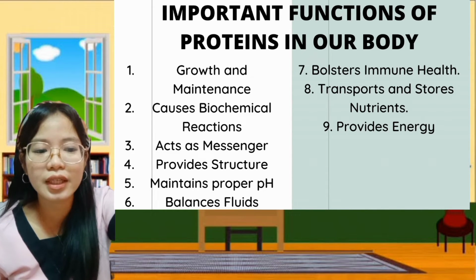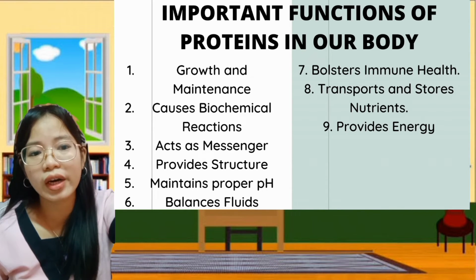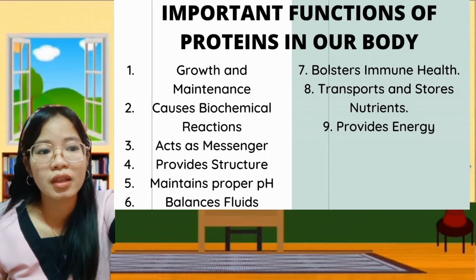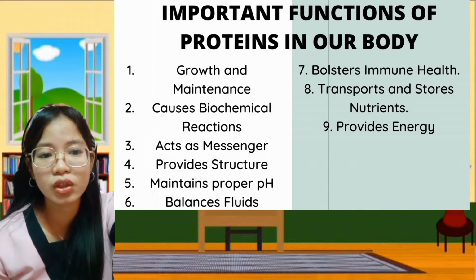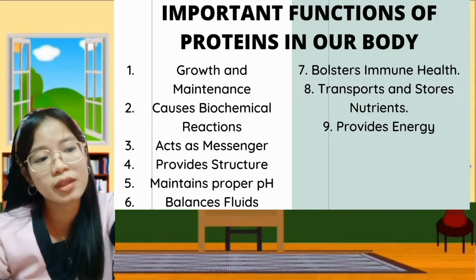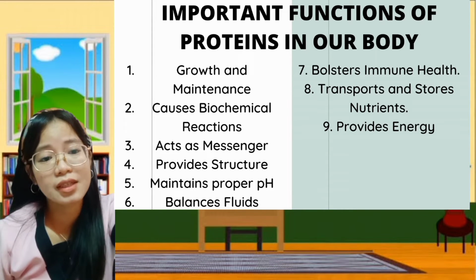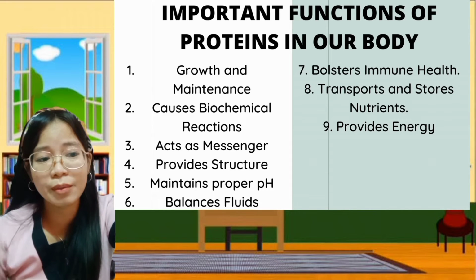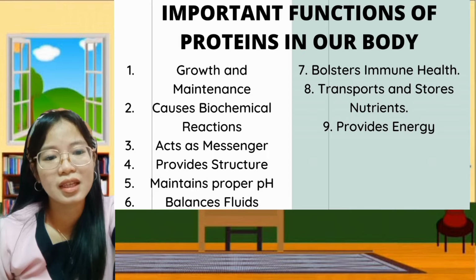And then third is it acts as a messenger. So some proteins are hormones, which are chemical messengers that aid communication between our cells, tissues, and organs. Number 4 is provides structure. So some proteins are fibrous and provide cells and tissues with stiffness and rigidity.